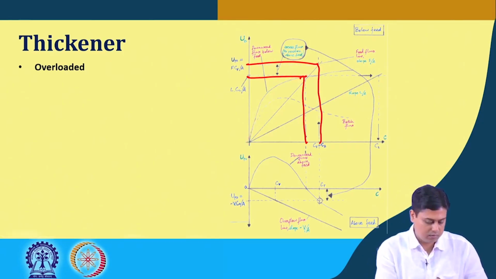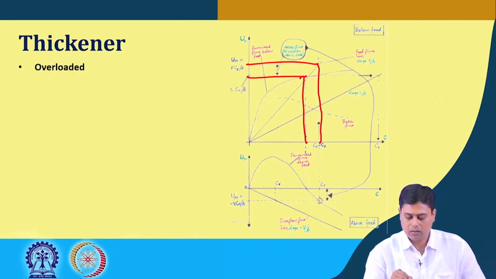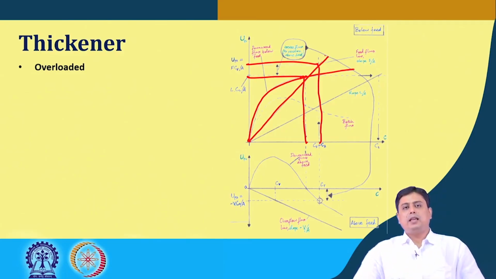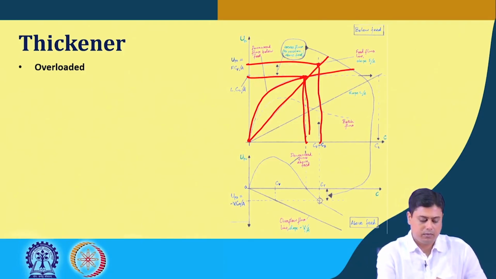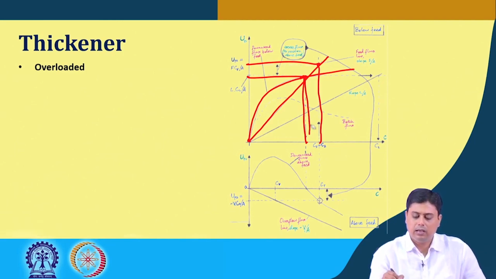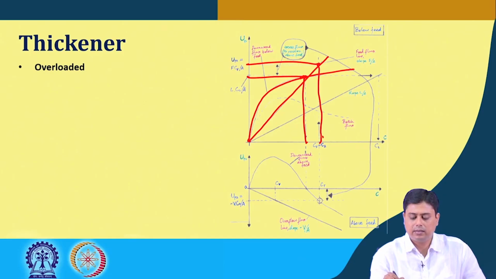The intersection of this F by A line and the total flask gives the critical point, but the thickener is working with a feed concentration in excess of that.